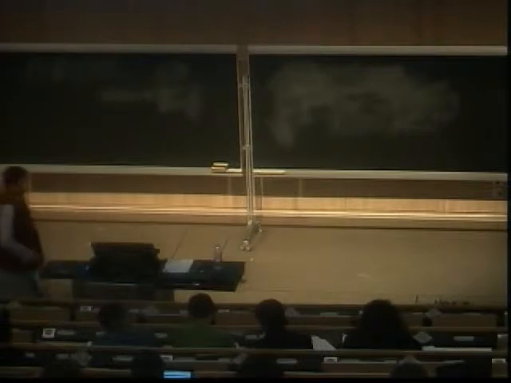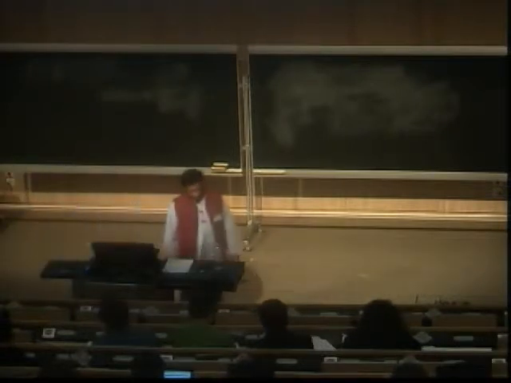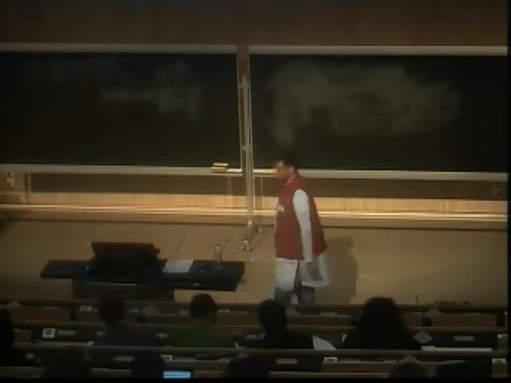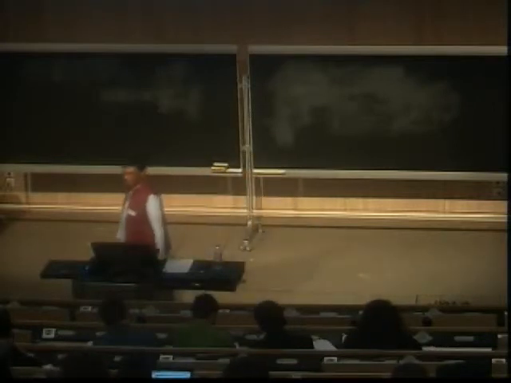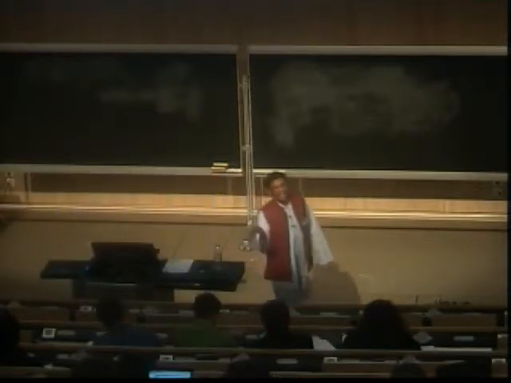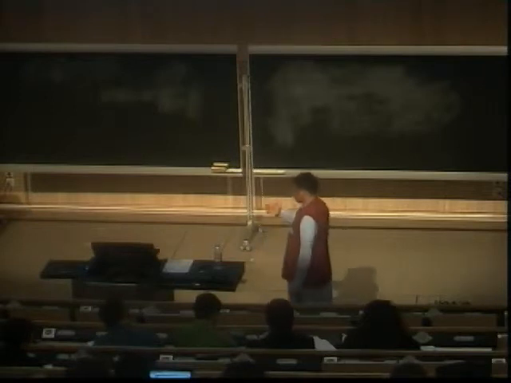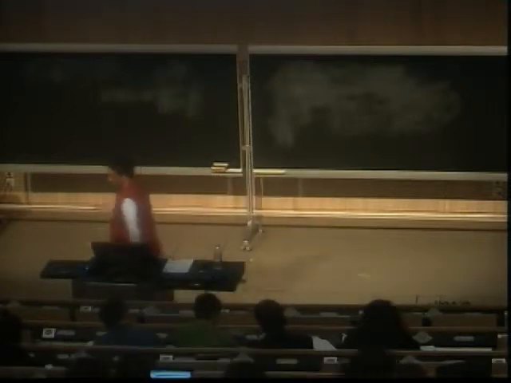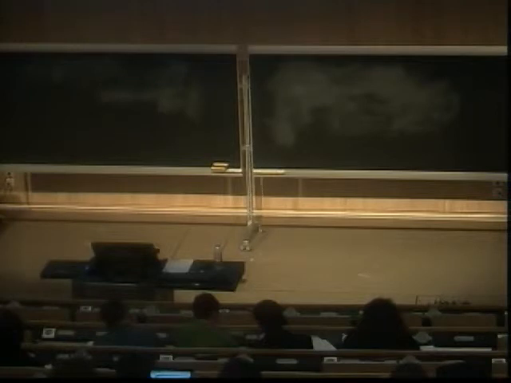So in the Vasiliev theory in AdS3, as you all know, gravity does not have any propagating degrees of freedom, and in fact, a simple counting of the degrees of freedom of these higher spin fields, namely that of a symmetric rank s tensor with a gauge parameter that's a symmetric rank s minus 1 field.